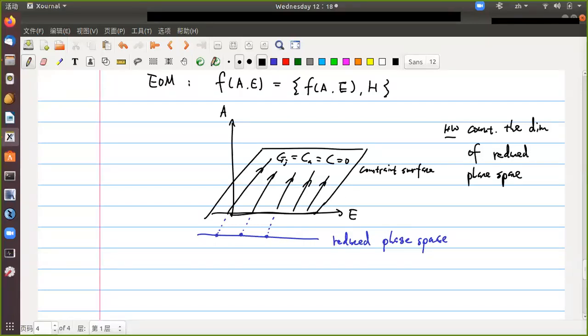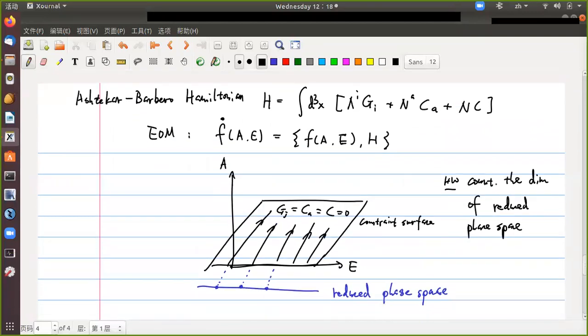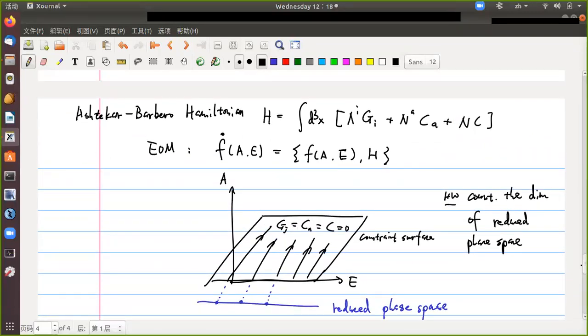By the way, another thing to mention is about this Hamiltonian. Here we got this Hamiltonian from the ADM formulation by extending the phase space and making a canonical transformation. There is a way to get this Hamiltonian more directly from an action principle. Before, we used the Einstein-Hilbert action to make the 3+1 decomposition and derive the ADM formulation.